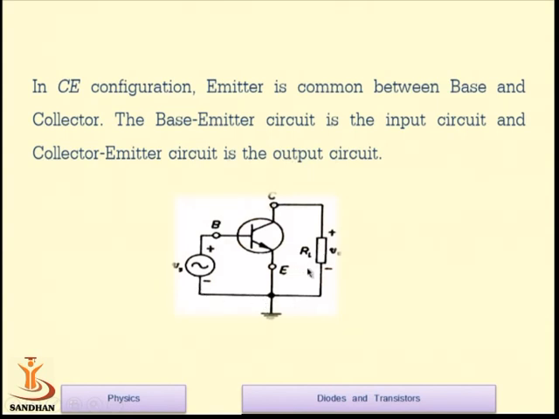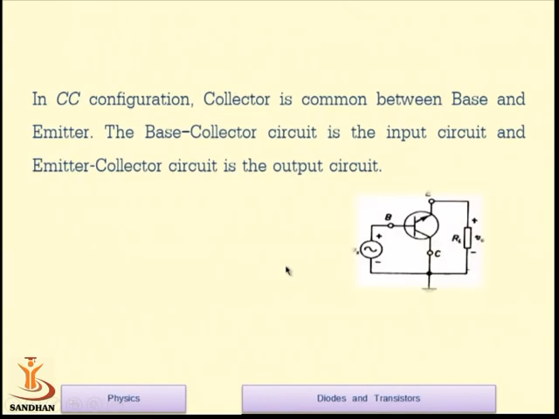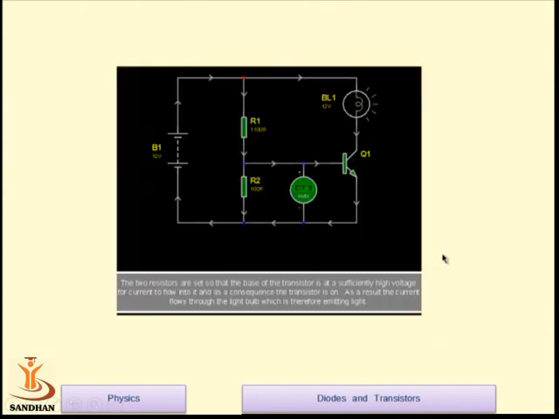That's why this configuration is known as a common emitter configuration. And the last configuration is the CC configuration, the common collector configuration, where the collector is common between base and emitter. So input is applied at the base collector junction and output is taken from the emitter collector junction.